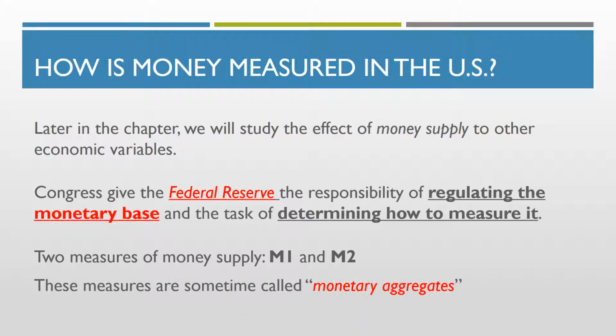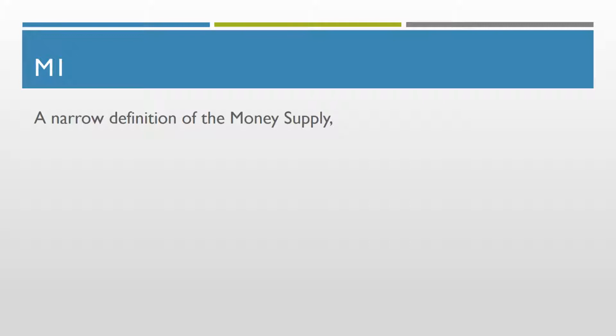The total measure of the monetary base or money supply is sometimes also called the monetary aggregates, because it is the total aggregated supply of money in the country. So let's talk about M1. We also call M1 a narrow definition of money supply because it is very narrowly defined. It only includes certain assets in the United States.